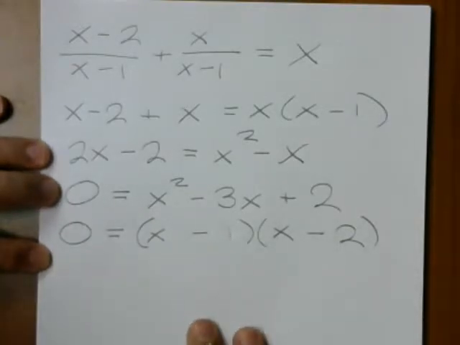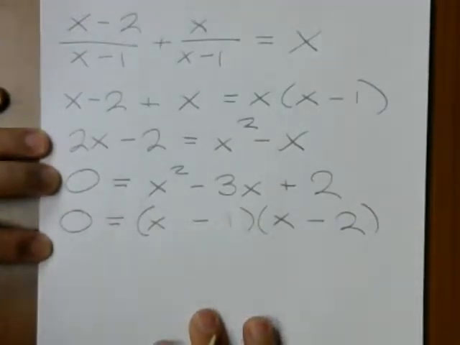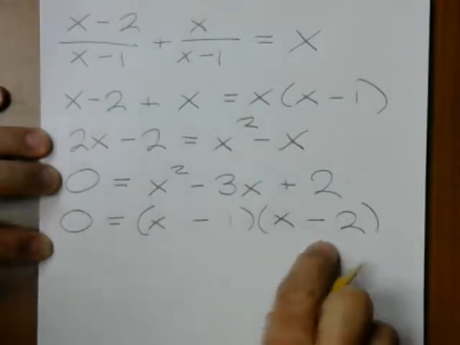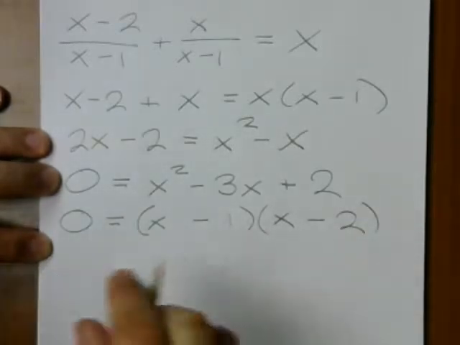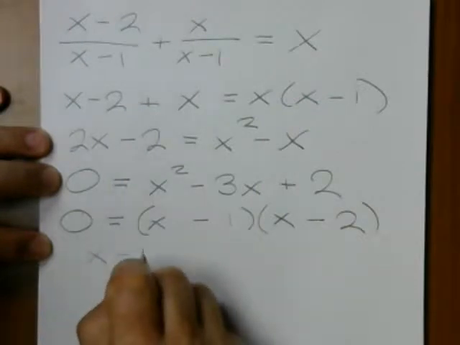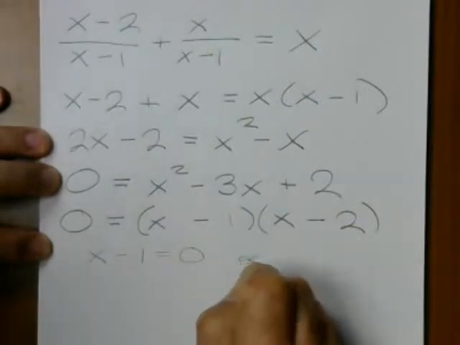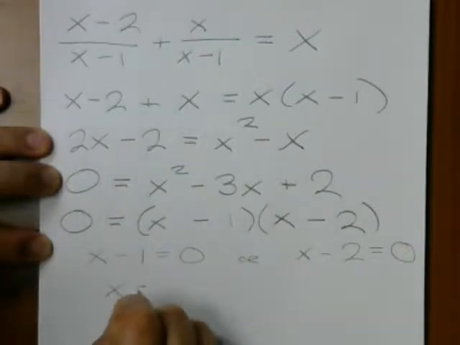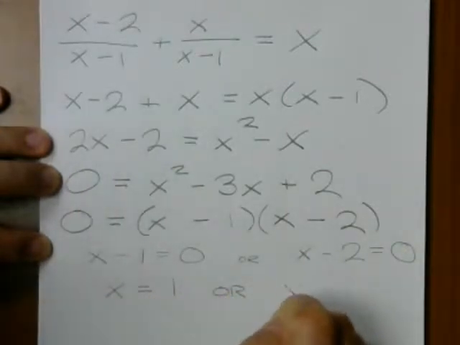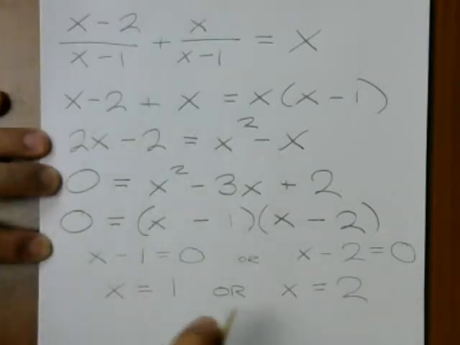So, what does that tell me? Either x equals 1 or x equals 2, because a product's 0 when one of the two pieces is 0. So x equals 1 or x equals 2.